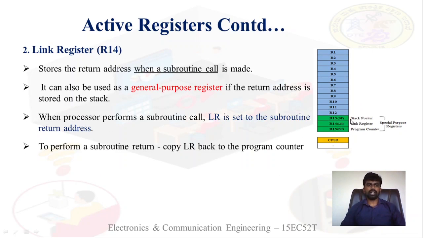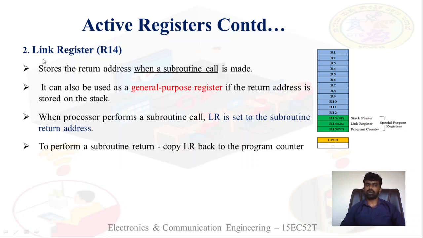Then there is a link register. R14 is called link register. This link register provides a link between one mode and another mode. I told in the previous slide there are different modes along with the user mode. So when it jumps from one mode to another mode, we should have a return address to return back to user mode.